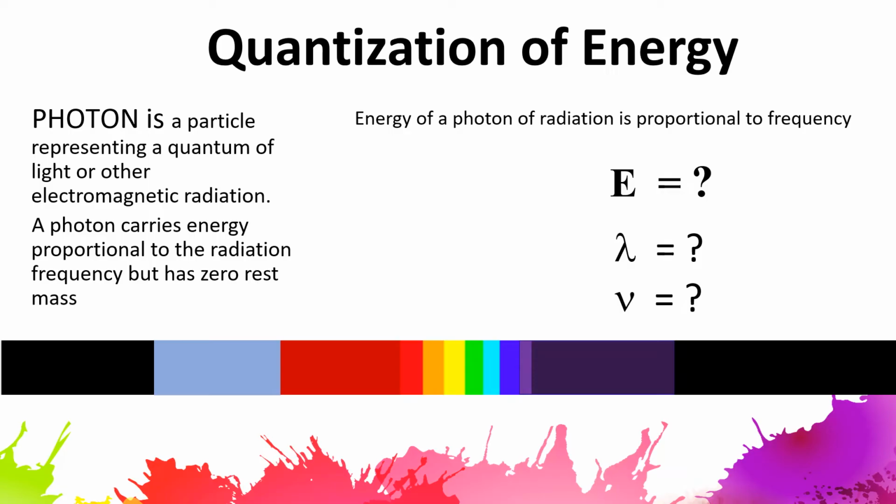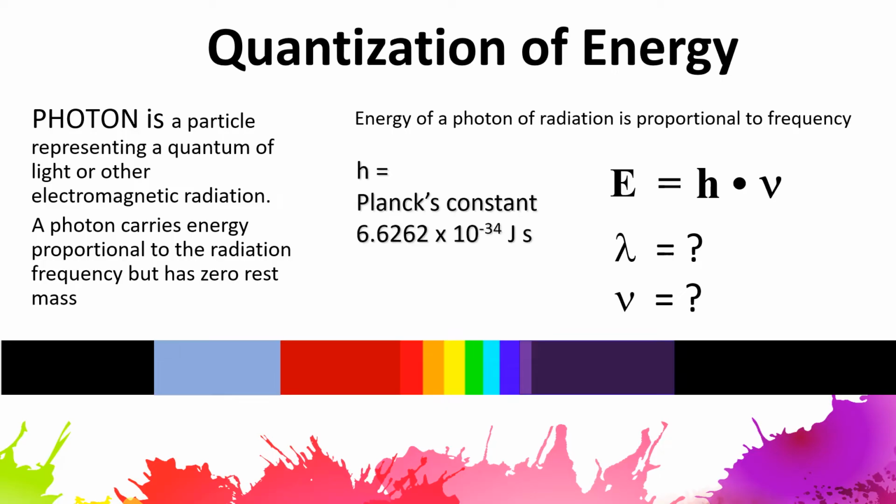The energy of a photon of a radiation is proportional to frequency and lambda. And this is the equation of the energy relationship with the frequency. This h is equal to Planck's constant, that is 6.62 times 10 to the power minus 34 joule second.